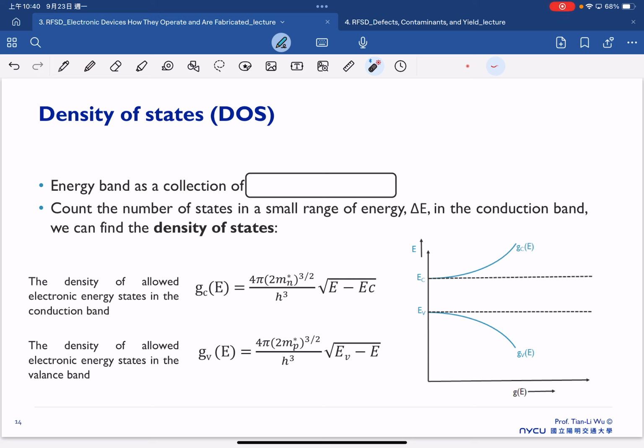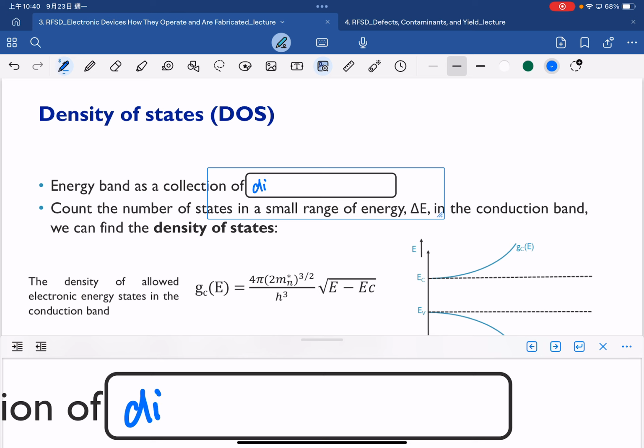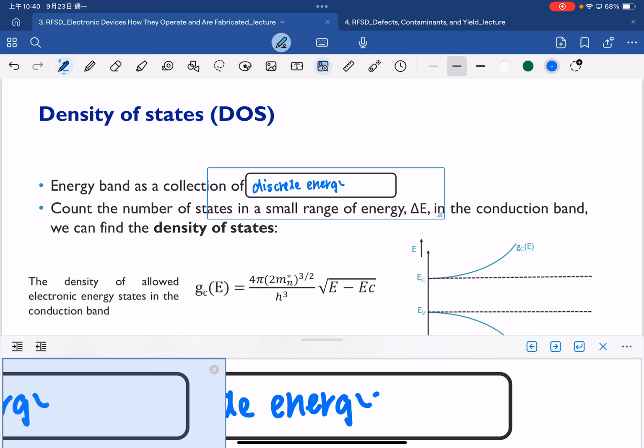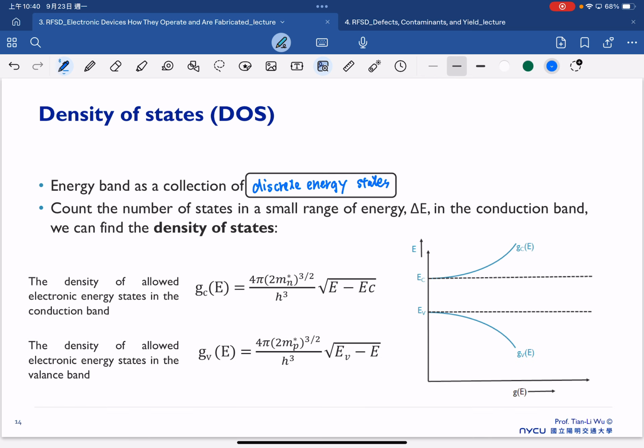So basically, the energy band diagram is a collection of discrete energy states.